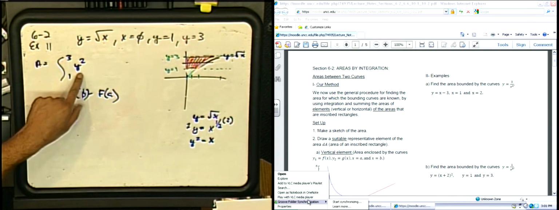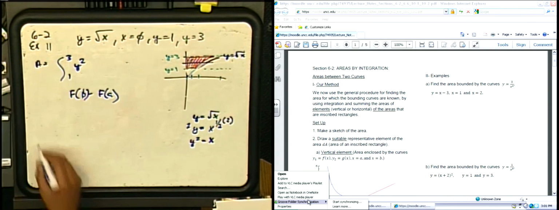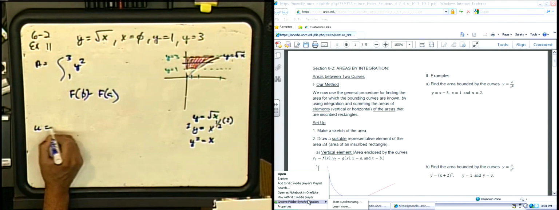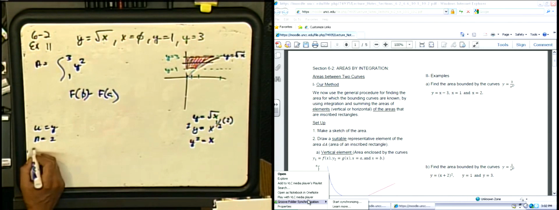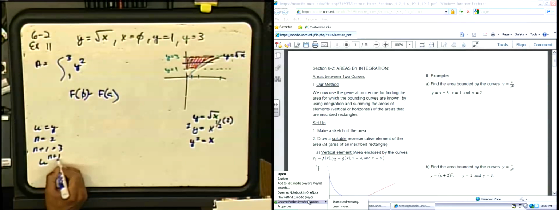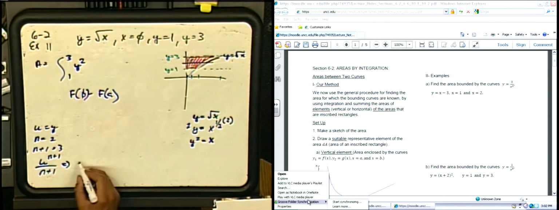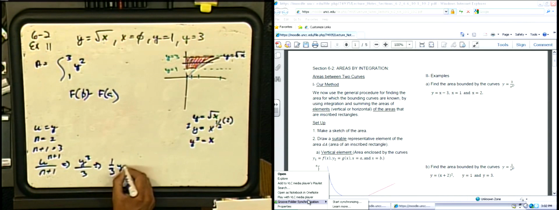So the antiderivative here is u equals y, n equals 2, n plus 1 equals 3, u to the n plus 1 divided by n plus 1 equals y cubed over 3, which is also 1 over 3 y cubed.